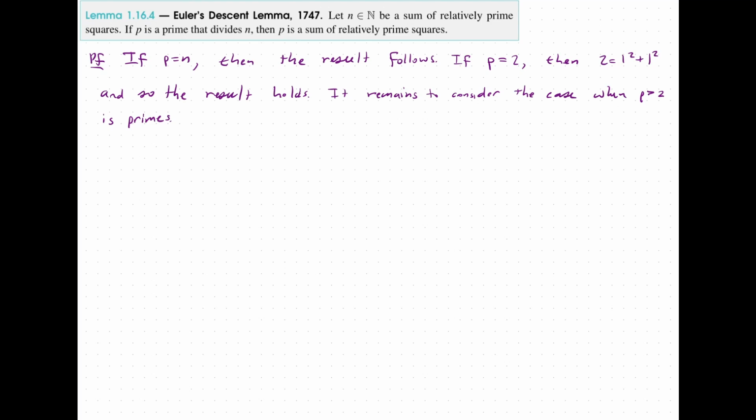So towards a contradiction, suppose that p is not a sum of relatively prime squares.